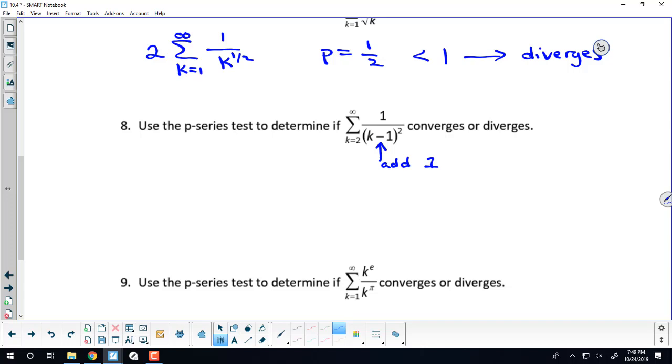So if you add 1 inside the thing you're summing, you have to subtract 1 here. That way it'll fit the format of a p-series. So we would go from 1 to infinity of just 1 over k squared.